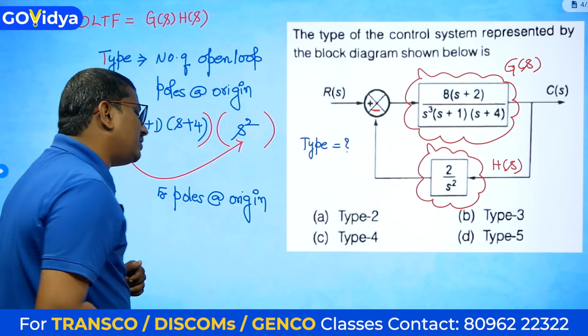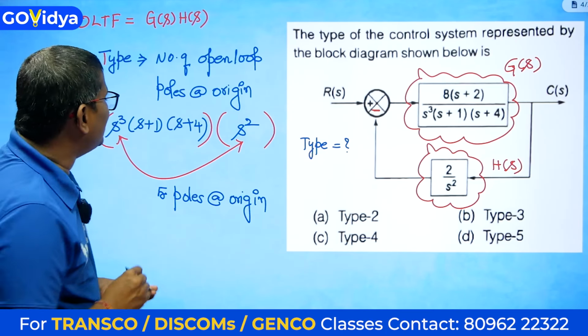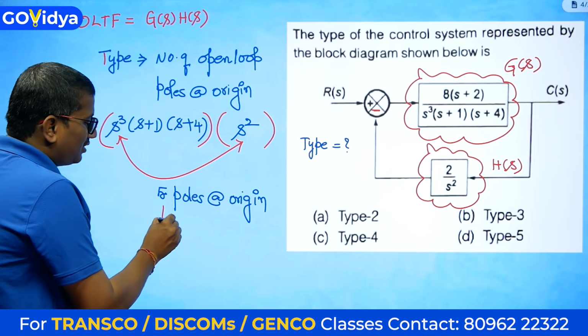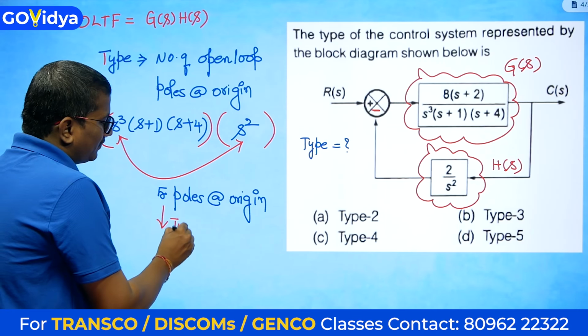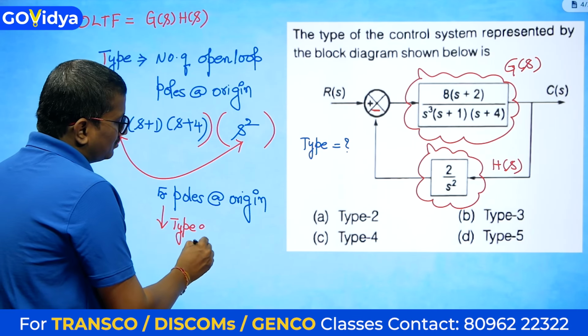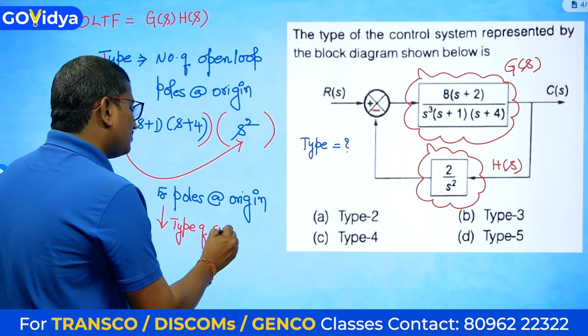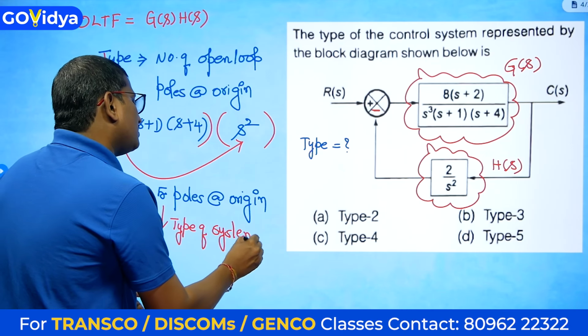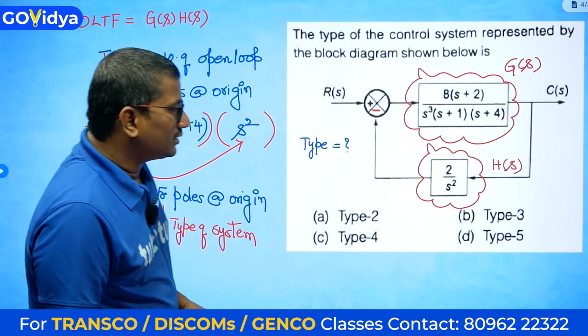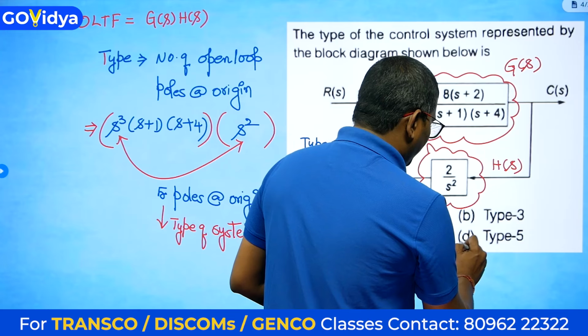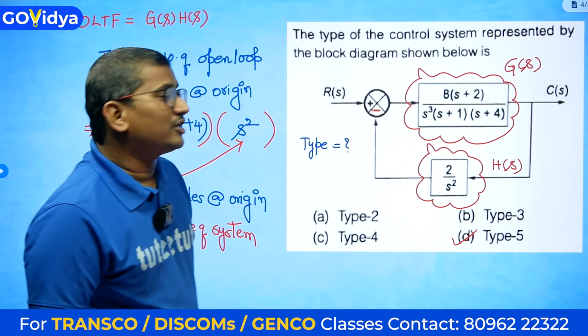5 poles at origin means the type of the system is 5.